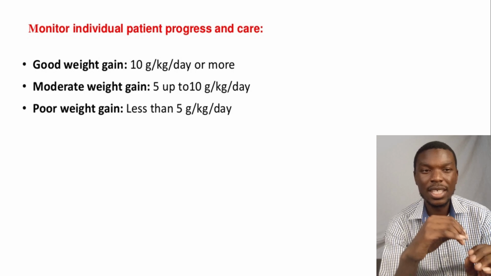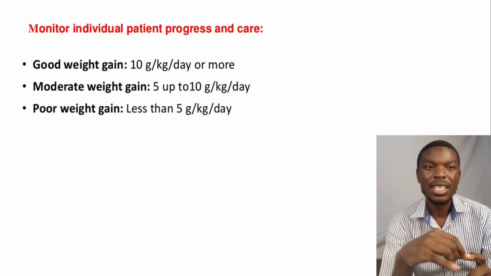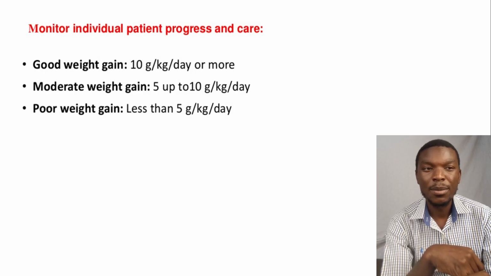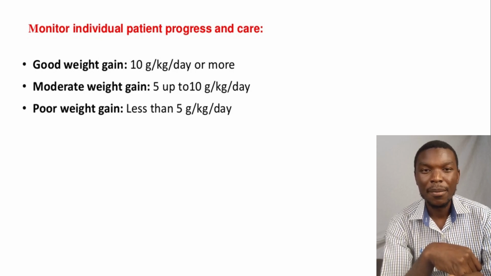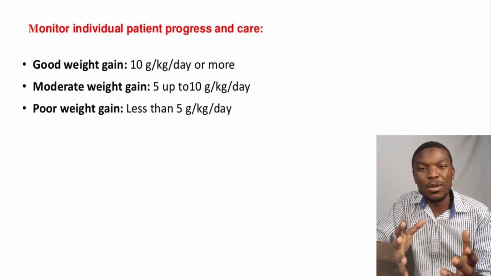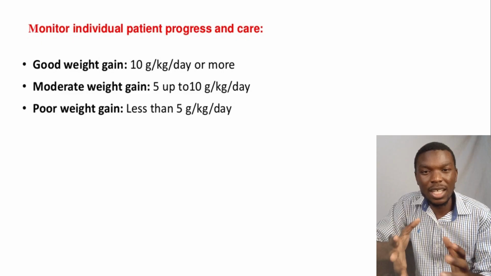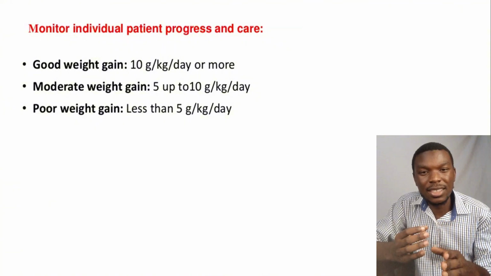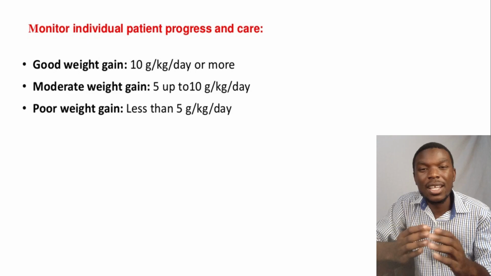That's good weight gain. Then moderate, it's 5 to 10 grams per kg per day. Then poor weight gain, the child is gaining less than 5 grams per kg per day. So you can also use this to see if your treatment and management is working. So the child should begin at least more than 10 grams per kg per day.